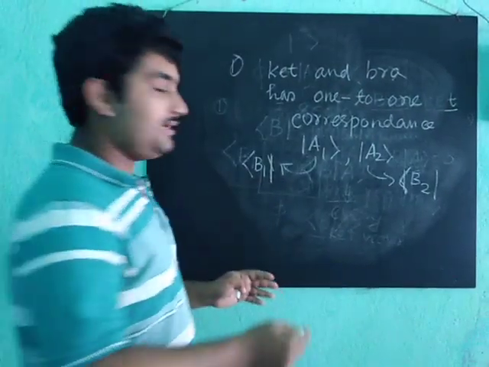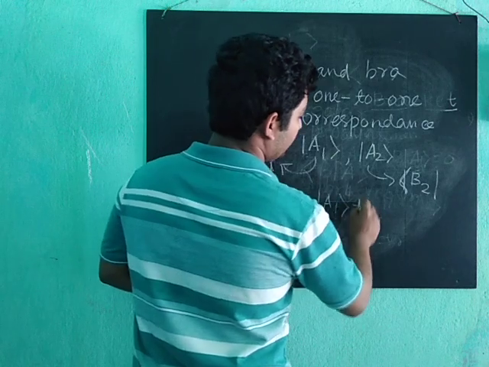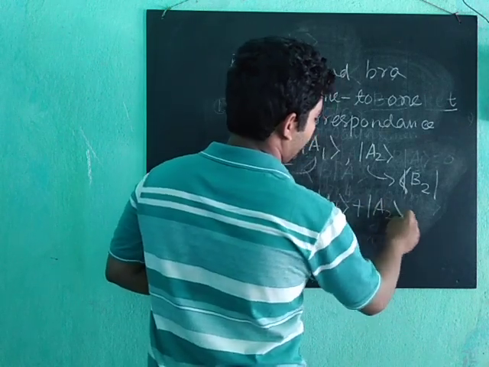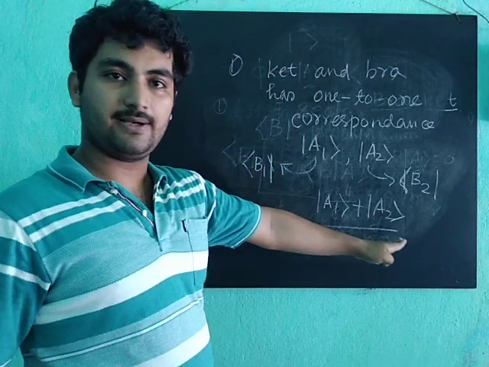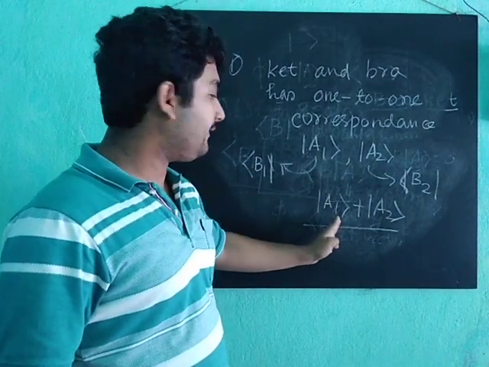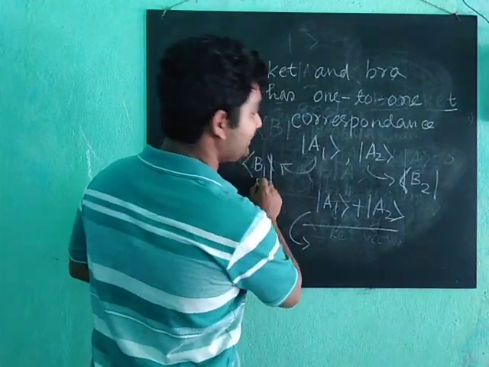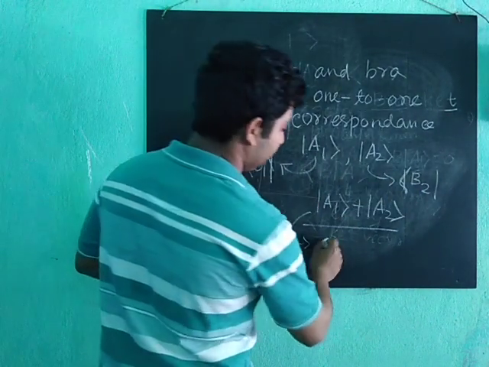And the bra vector corresponding to the ket vector A1 plus A2 is nothing but the addition of these two.